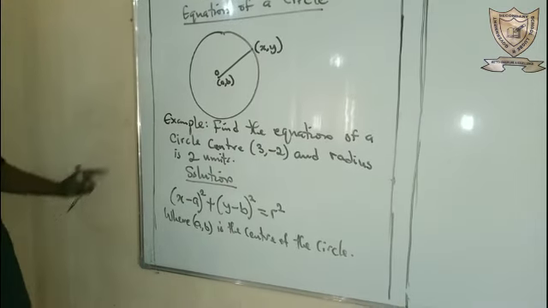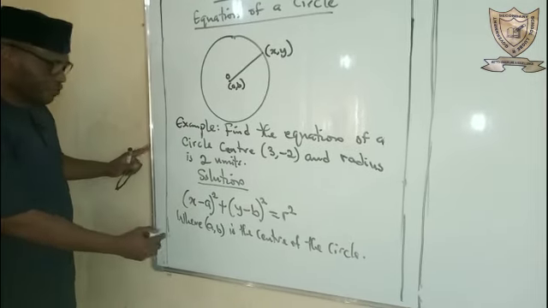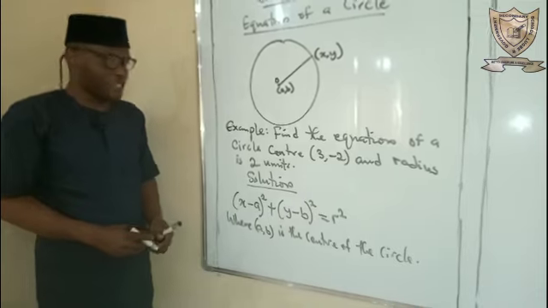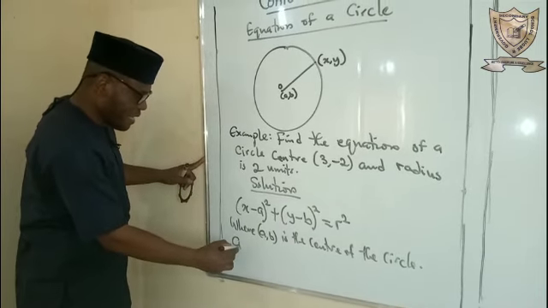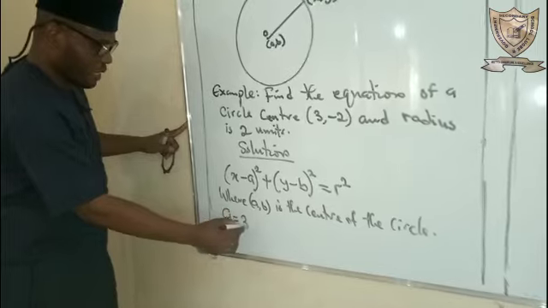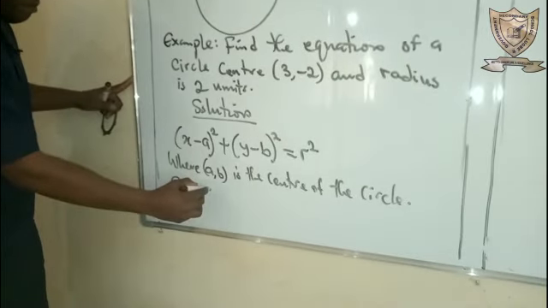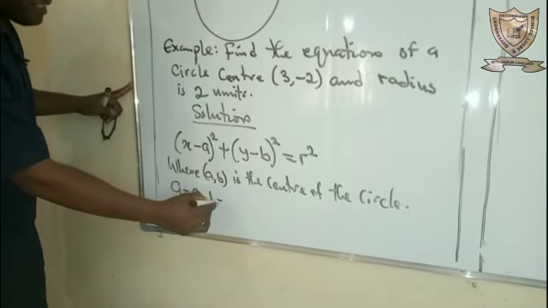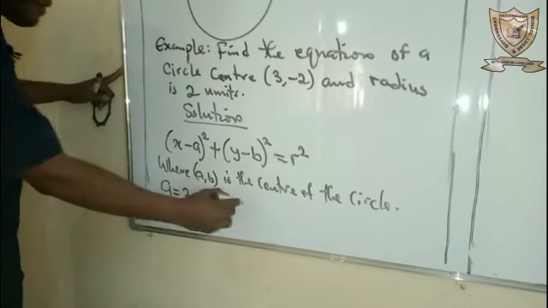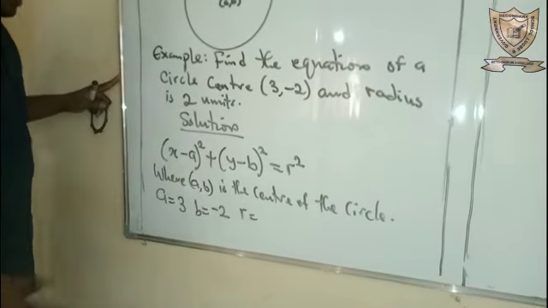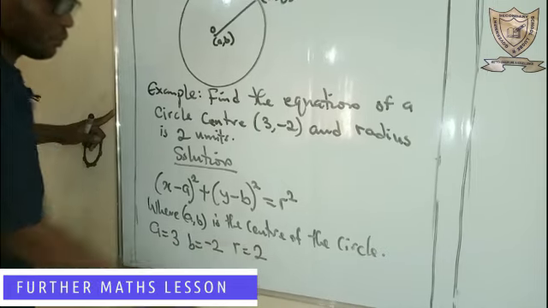Now, in solving this, we are asked to find the equation of the circle. So we know that a is equal to 3 and b is equal to minus 2, and r, which is the radius, is 2.